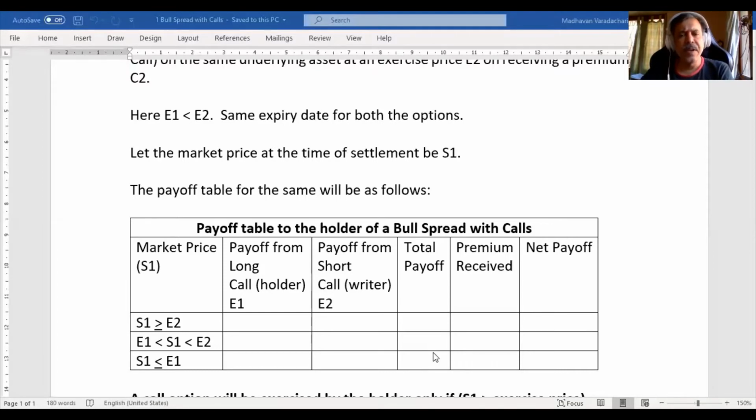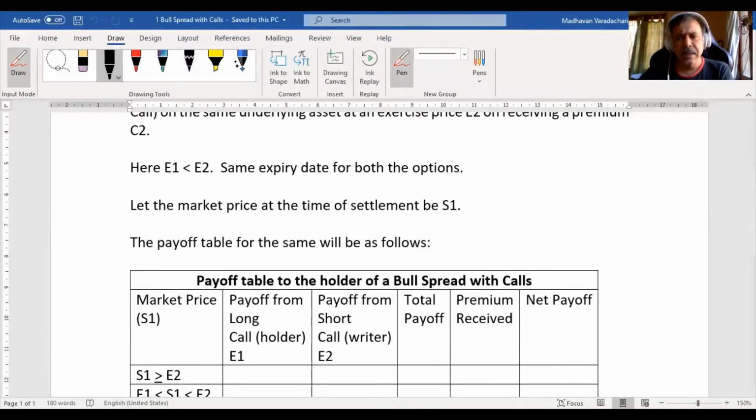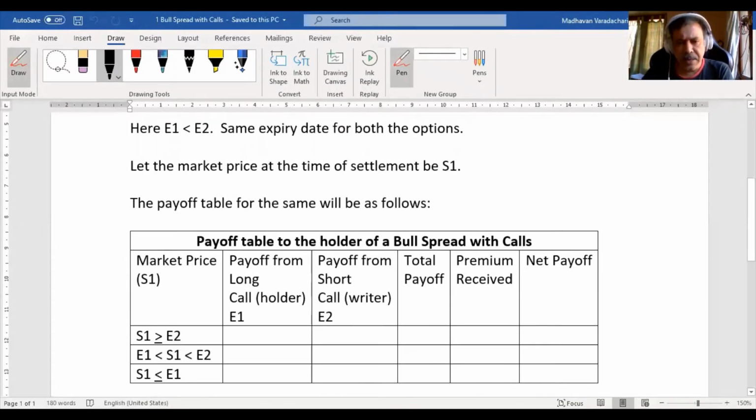Since it is an outflow, I'm going to show it as negative, because we are writing it here as premium received. So I will write it as minus C1, because that is related to the first call option.